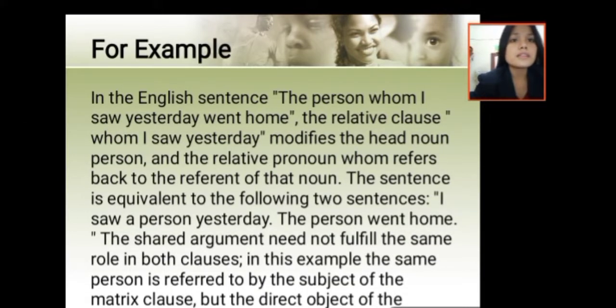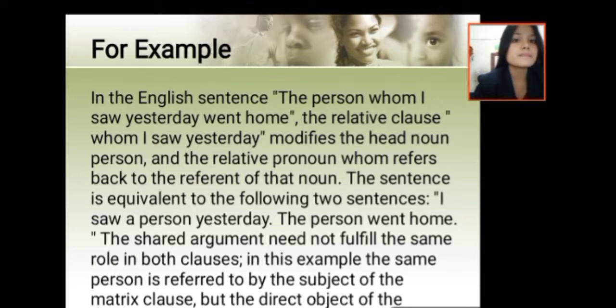For example, in the English sentence, "the person whom I saw yesterday went home," the relative clause "whom I saw yesterday" modifies the head noun "person," and the relative pronoun "whom" refers back to the referent of that noun. The sentence is equivalent to the following two sentences: "I saw a person yesterday."